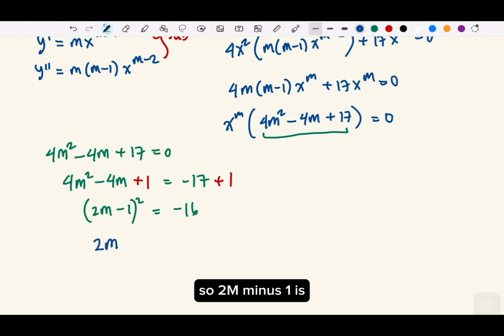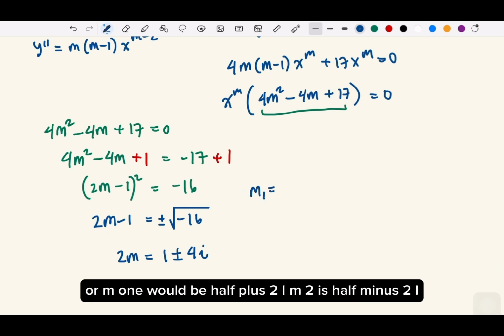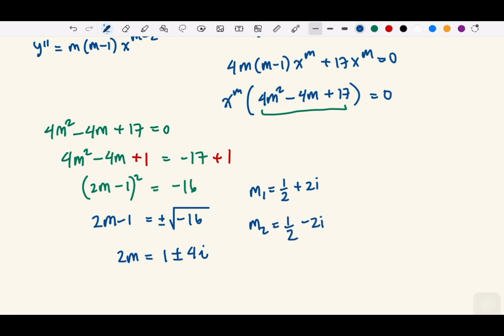So 2m minus 1 is, so 2m, it will be 1 plus minus 4i. Or m1 will be half plus 2i, m2 is half minus 2i.